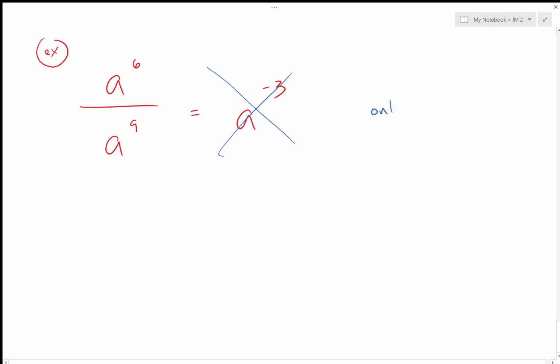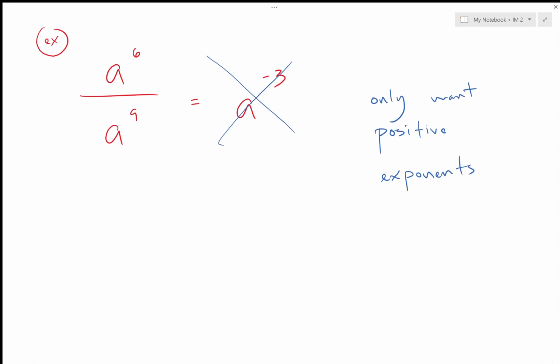We only want to write answers with positive exponents. Now, there's a quick rule to take care of this. Anytime you have a negative exponent, we can flip this entire fraction, because right now it could be over 1. We flip it and bring it to the bottom, and the 3 can become positive. But with that blank space, we need to put the 1. Now our 3 is positive, so this is actually an acceptable answer here.